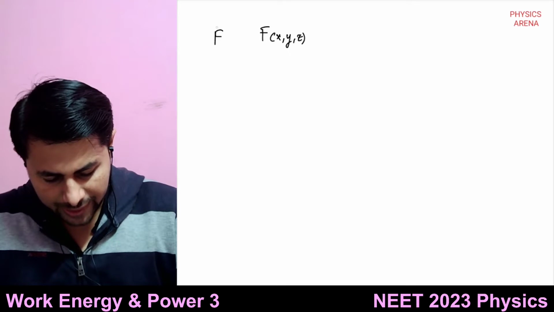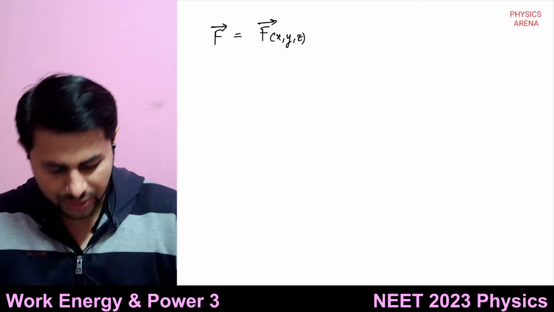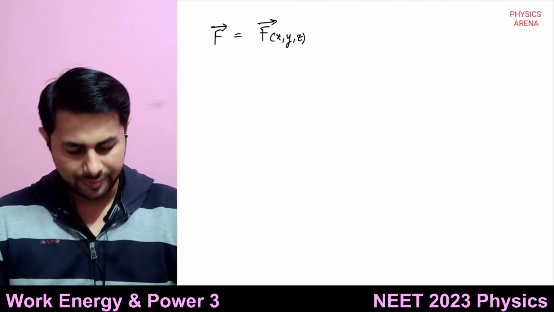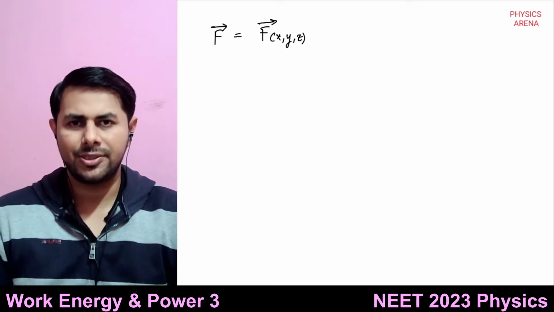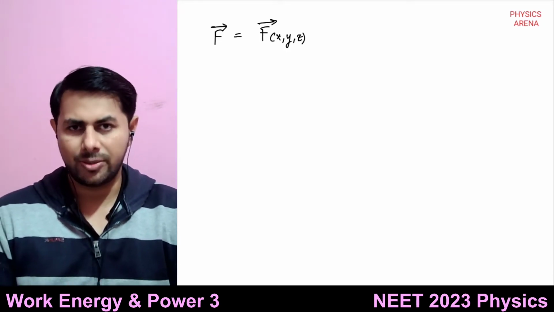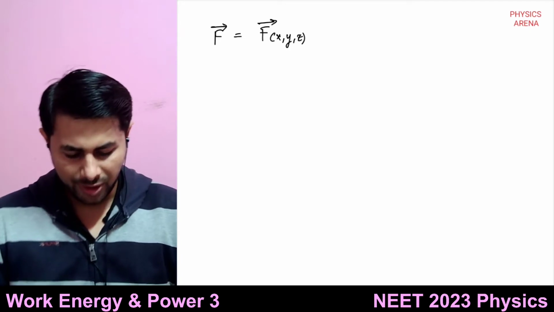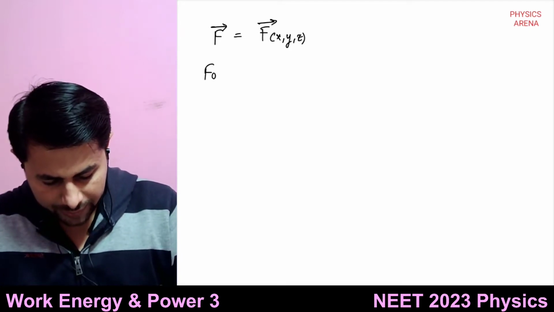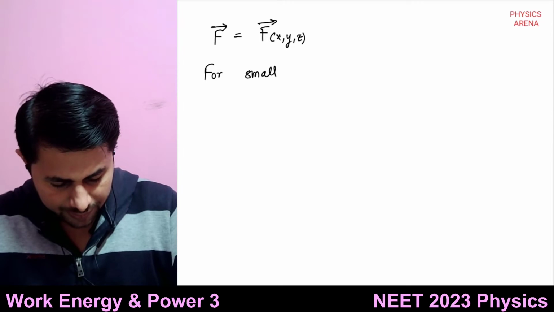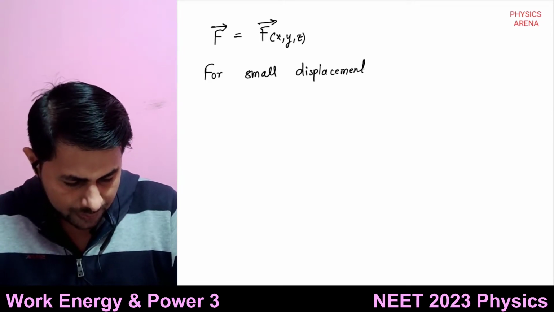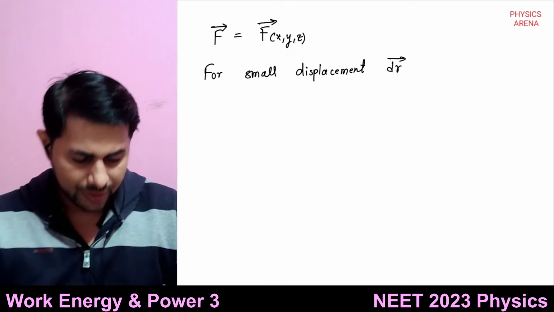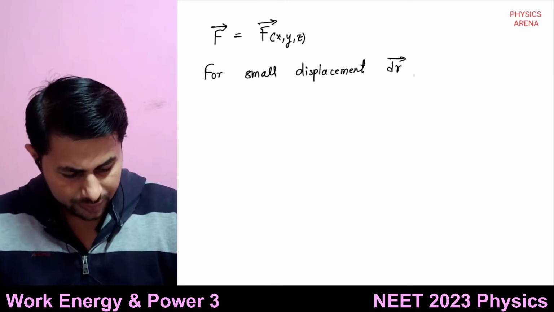So F bar is, suppose, a function of x, y, z. Then how much would be the work done to displace the object from some position to some other position? If we take a small displacement dr bar, how much would be the work done?